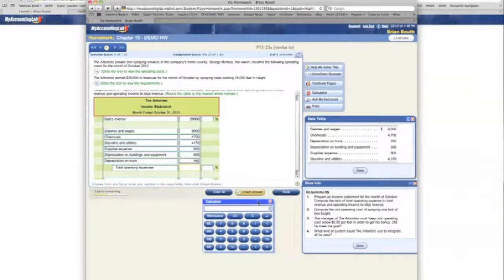So I'm just going to add up these expenses. My first one is 9,000 plus 4,700 plus 4,170 plus 800 plus 600 plus 450 for a total of $19,720.